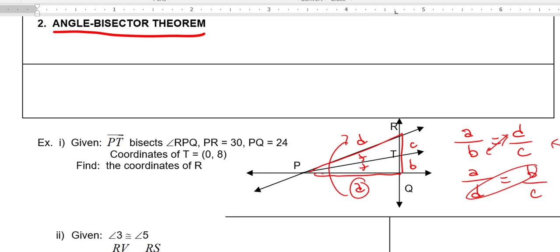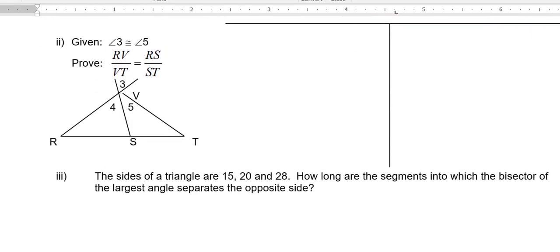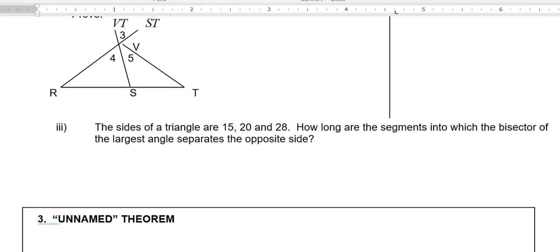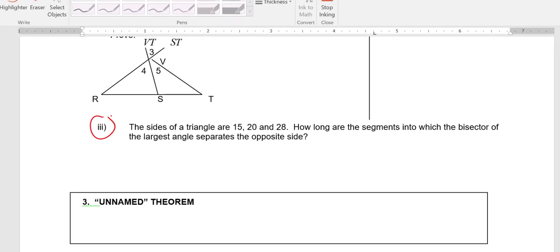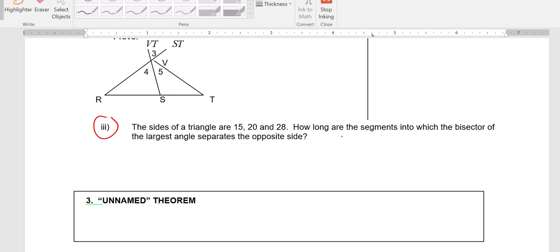So whenever you have a triangle and one of the angles is bisected, that's what you can use as far as setting up a proportion. So let's try this one. Sides of the triangle are 15, 20, and 28. How long are the segments into which the bisector of the largest angle divides the opposite side?